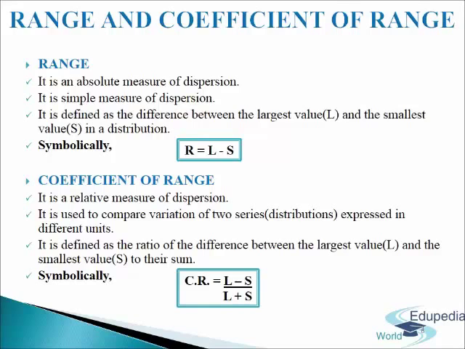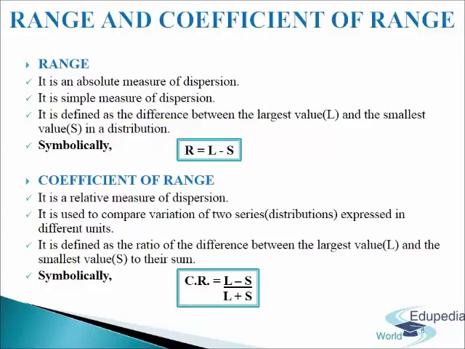For example, if the amount of dispersion is measured in rupees, then it is not comparable with the dispersion measured in inches. In such cases, we need a relative measure, that is coefficient of range, which is independent of the units of measurement. So next we come to coefficient of range.